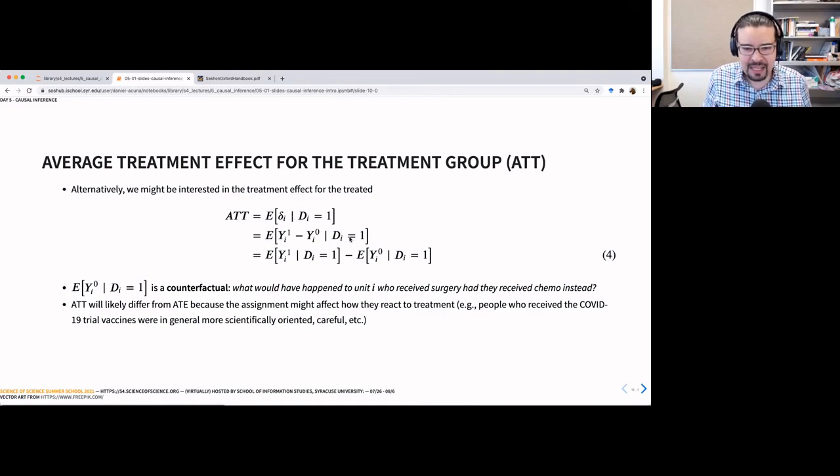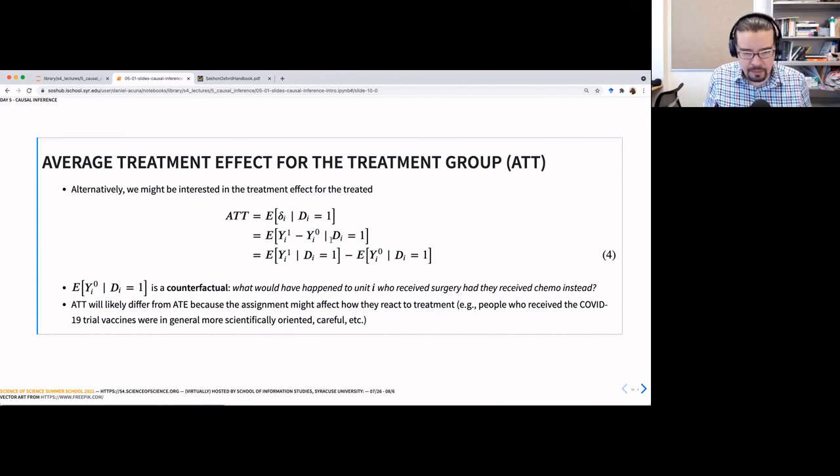Okay, and it's again a little tricky because we're saying, if I choose to apply the treatment to unit i, so this is the doctor saying you should get surgery, we want to measure the difference in the potential outcomes. Okay, we will observe this. This is the potential outcome of actually getting the treatment, but we won't observe this. But we'll still like to know the difference between the two.